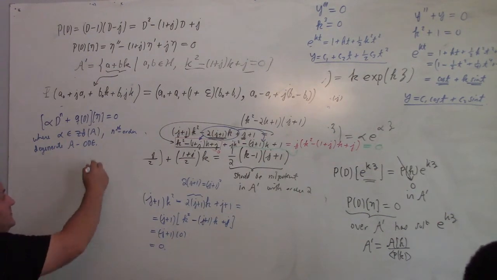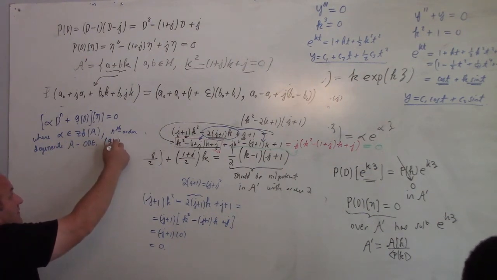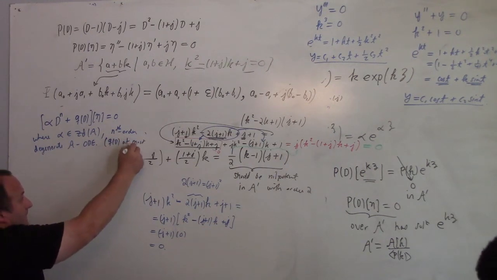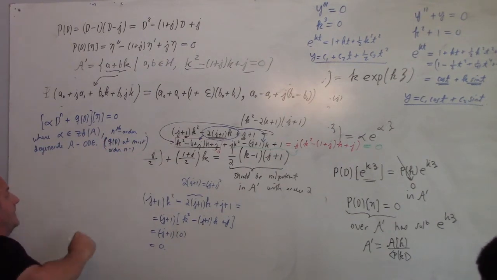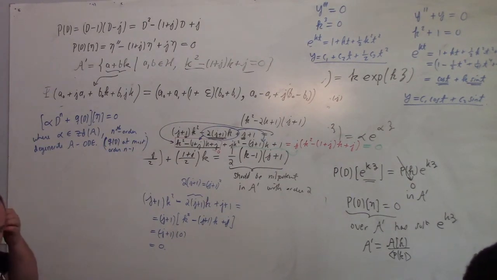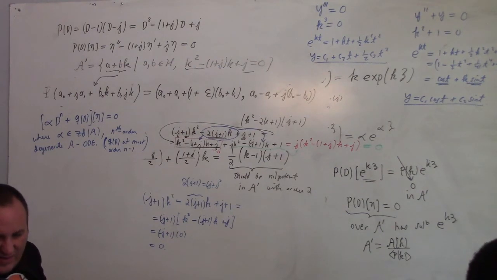Now here Q of D is at most order n minus 1, okay? So in this section we just look at examples.